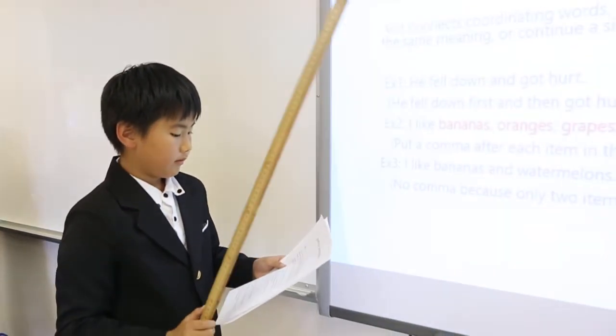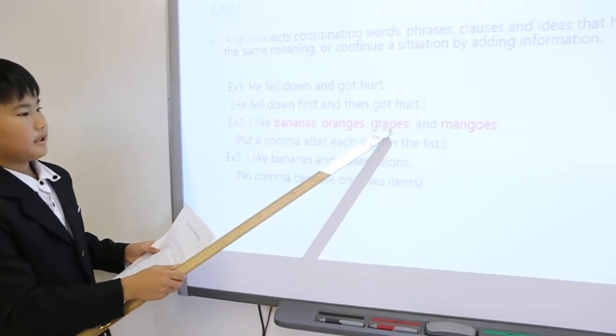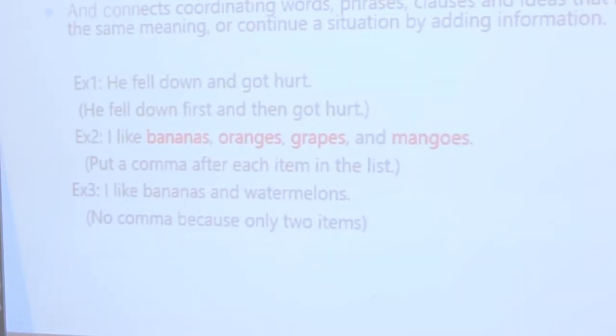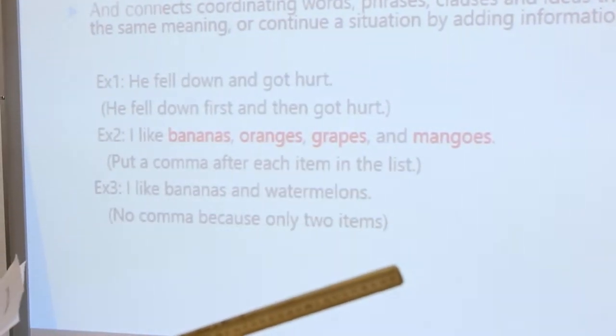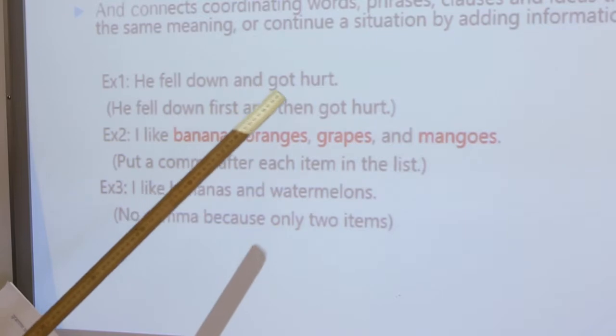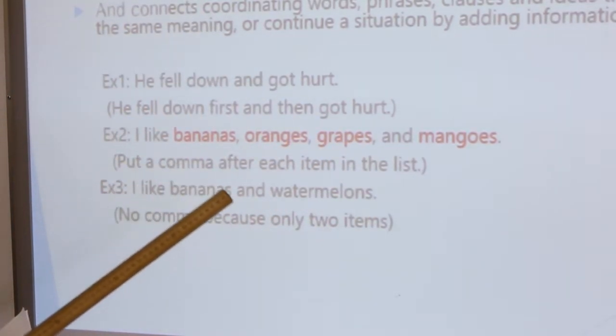For another example, I like bananas, oranges, grapes, and mangoes. In this example, you have to put a comma before and because this is a list of more than 3 items.